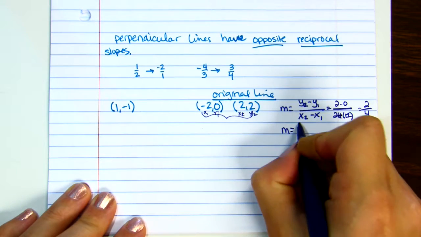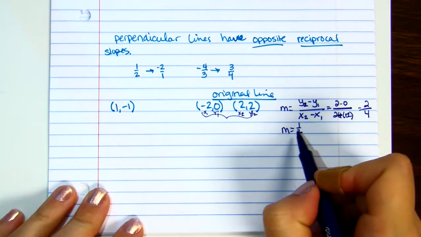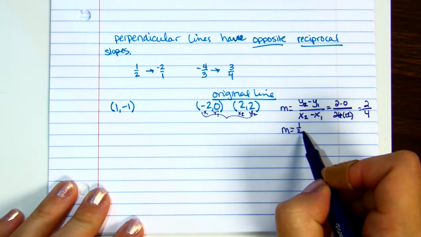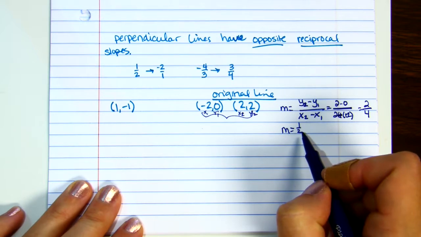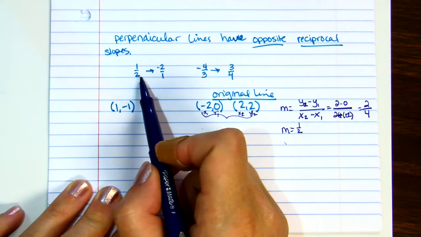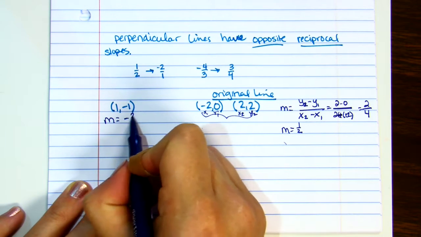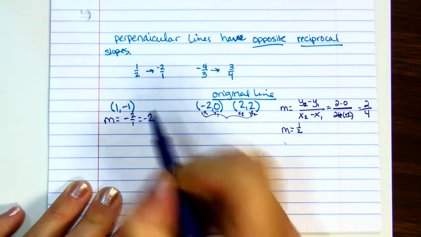So my slope will be 1/2. So this is the slope of my original line. That means the slope of my perpendicular line is going to be the opposite reciprocal, which actually I did up here. So the slope of this line needs to be -2 over 1, or just -2.